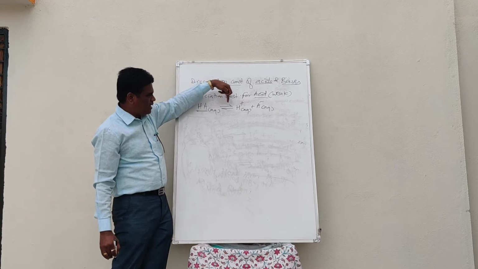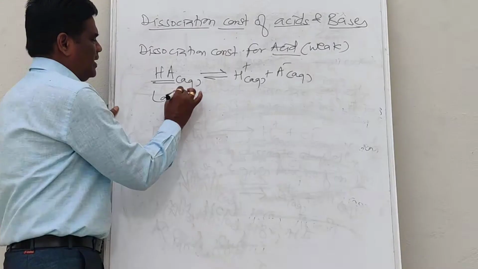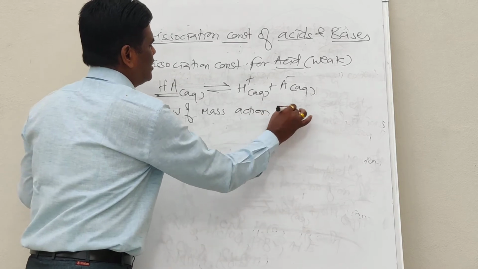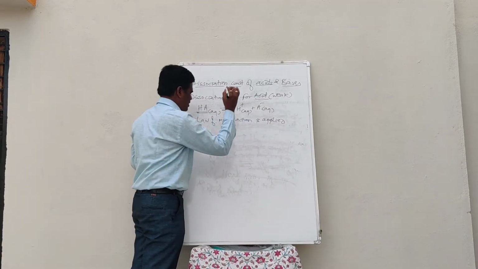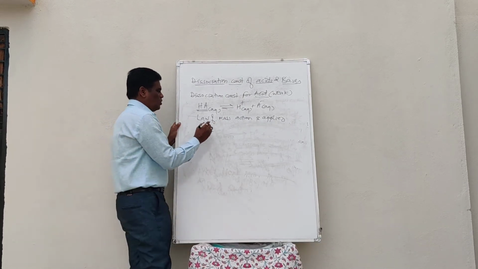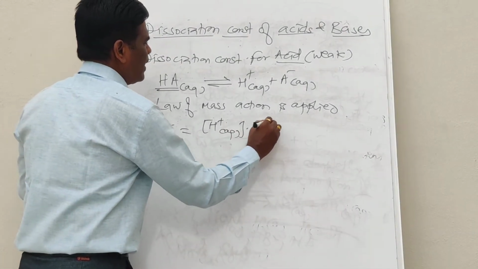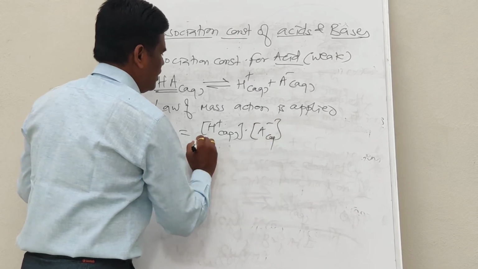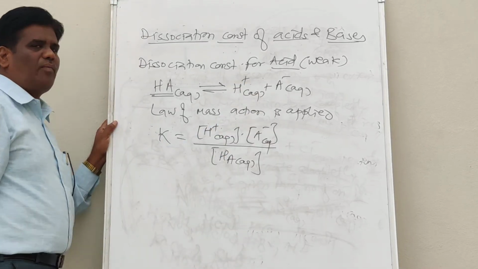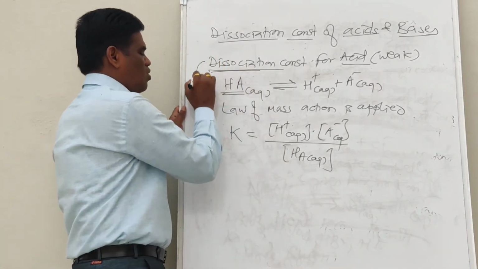When the law of mass action is applied, which in the 11th standard you know the meaning of, you have to take the constant called K. So K is equal to concentration of H plus ion into concentration of A minus ions divided by concentration of HA. This K is nothing but the dissociation constant.